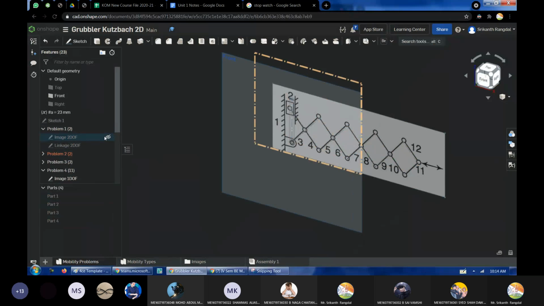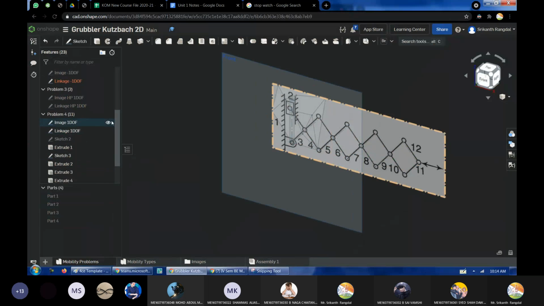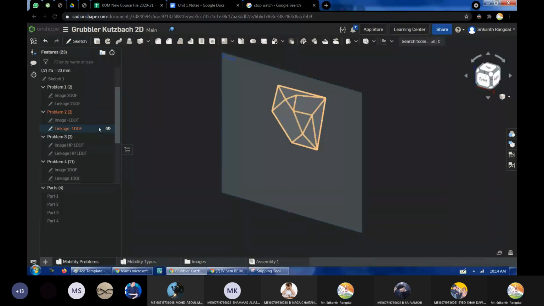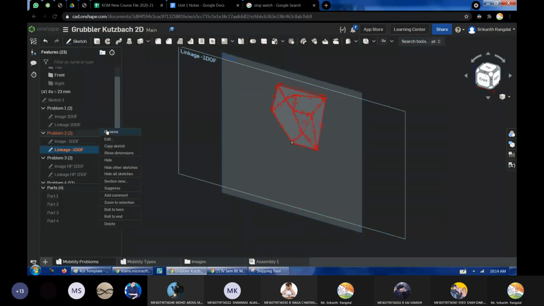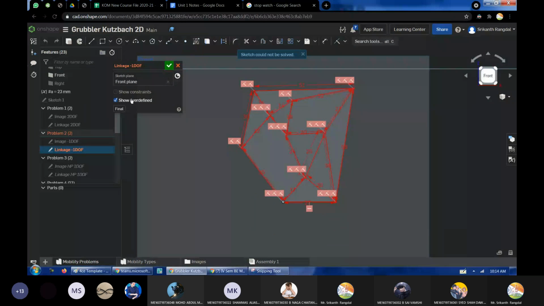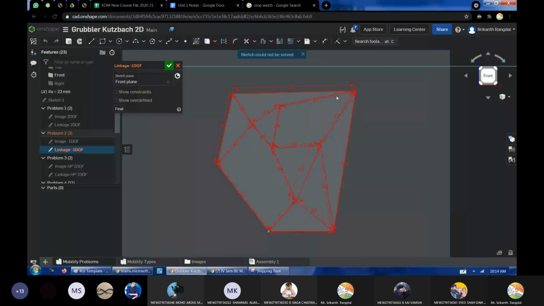I think this one was it. No, this is 2 degree of freedom. -1 here it is. Yeah, this one was that. This was our mechanism, right? This is what our mechanism was like.